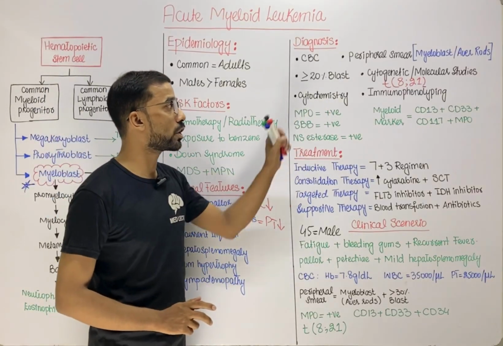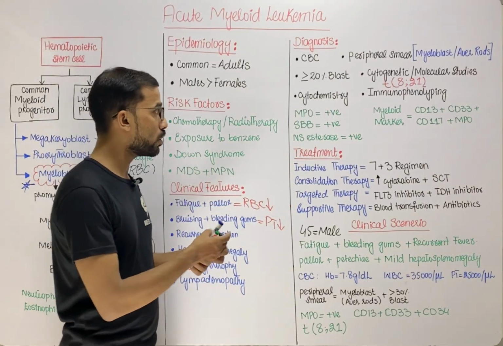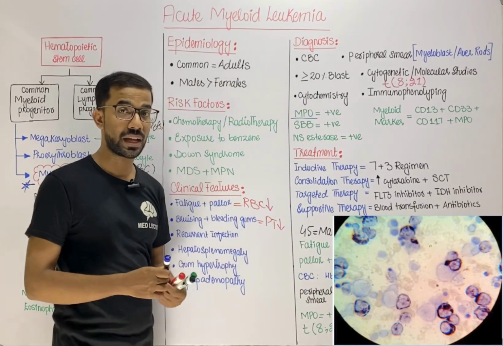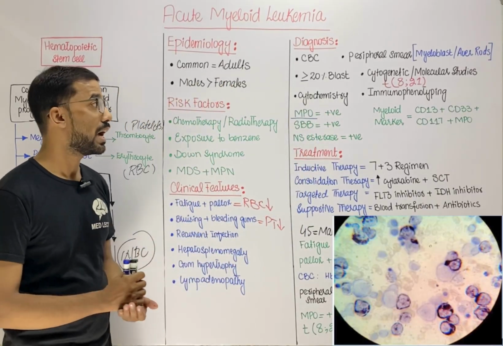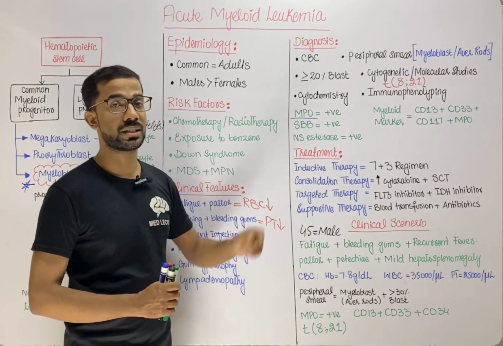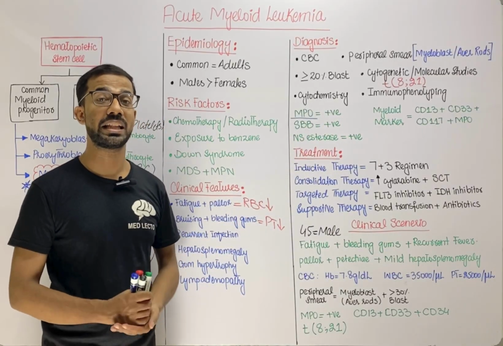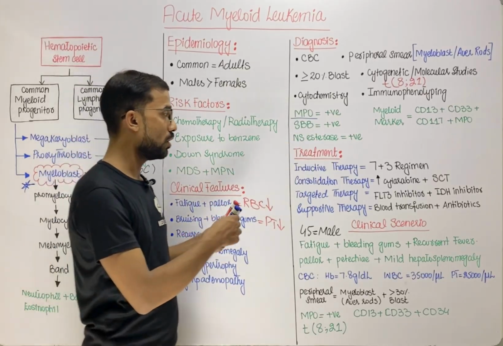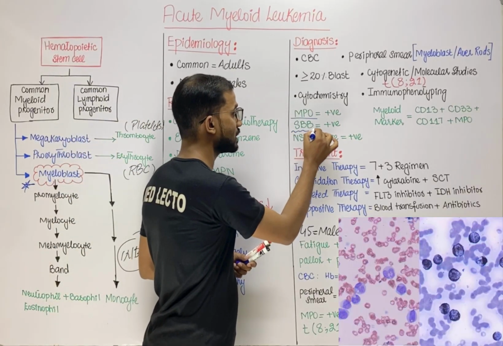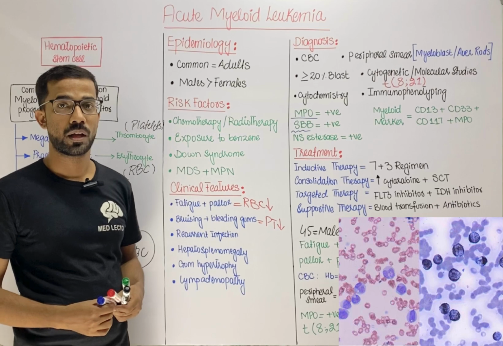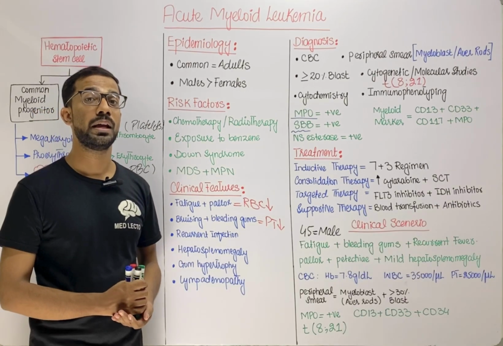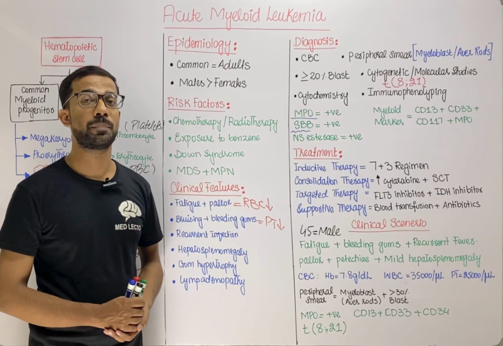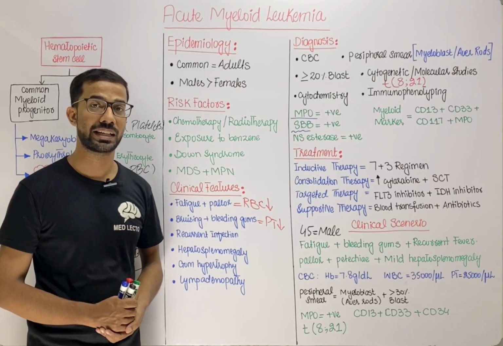Next is cytochemistry. You can go towards the MPO, myeloperoxidase stain, that is used against these cells. Myeloblasts will be positive because they contain the peroxidase enzyme. Next, you can also go towards Sudan Black B. Myeloblasts will be colored by Sudan Black B, so it will be positive in that case.